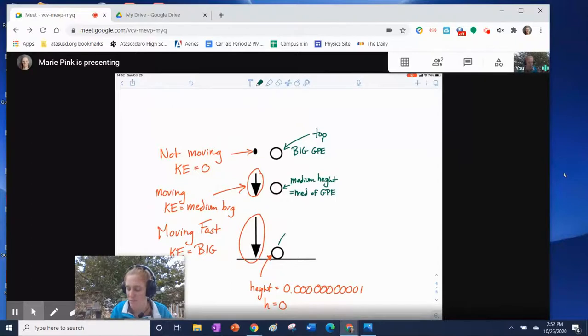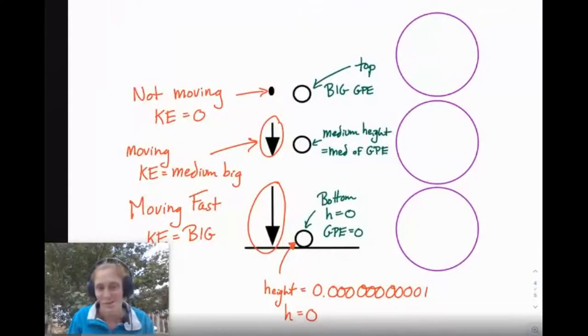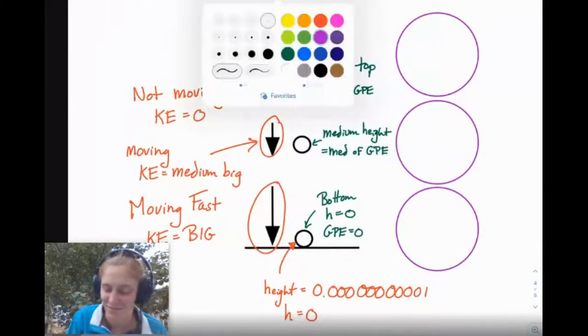And at the bottom, my height is zero, which means that my gravitational potential energy is also going to be zero. So let's talk about what this looks like in terms of your pie charts. So I want you to pause this and try to make your pie charts and then resume. All right, so now let's do it together.